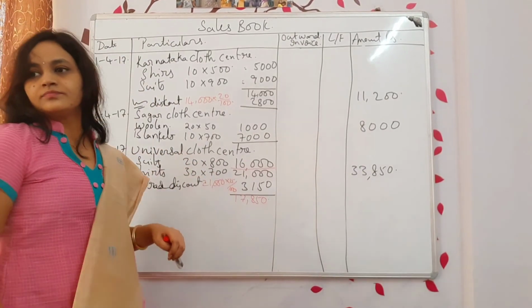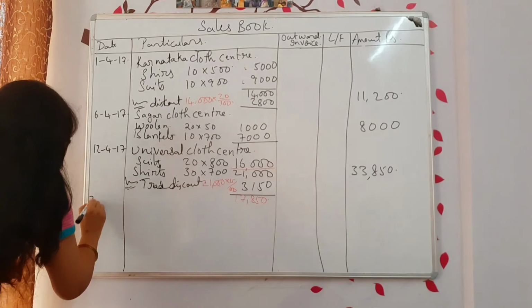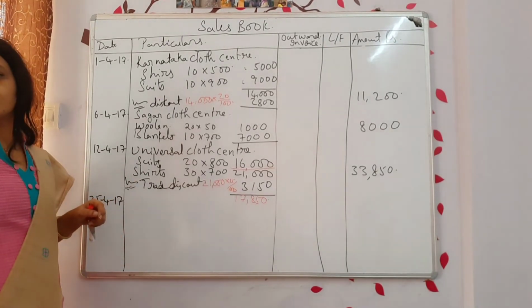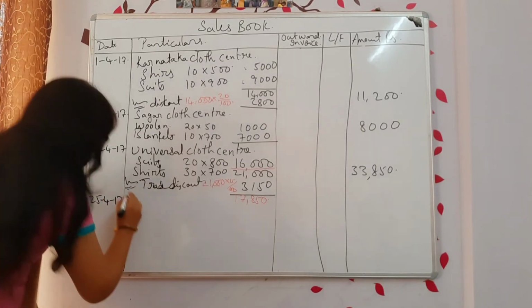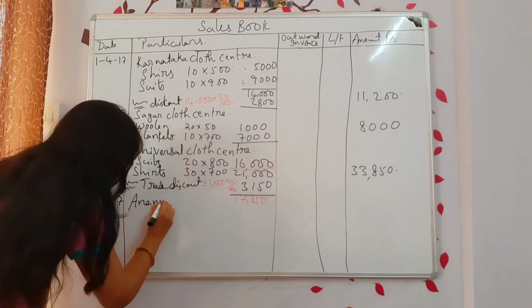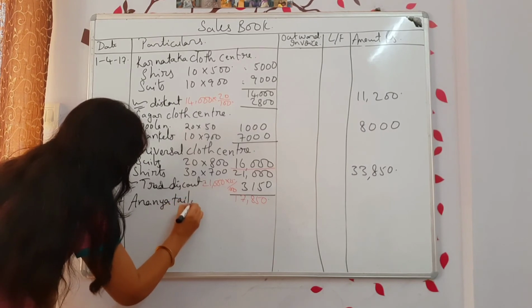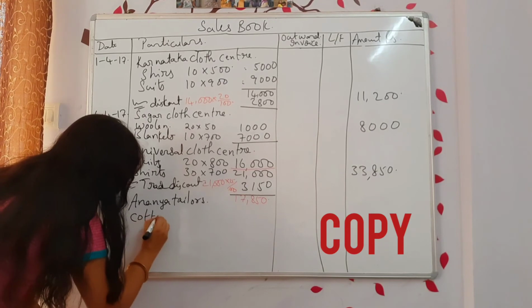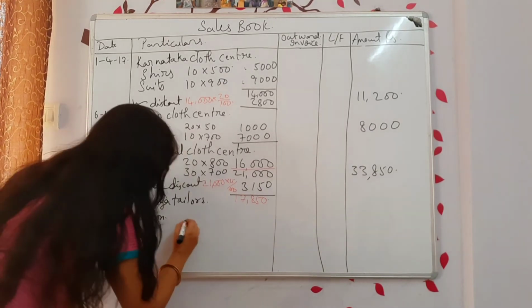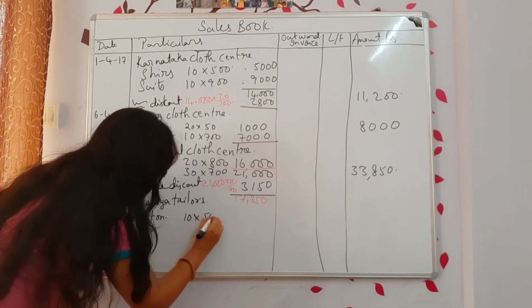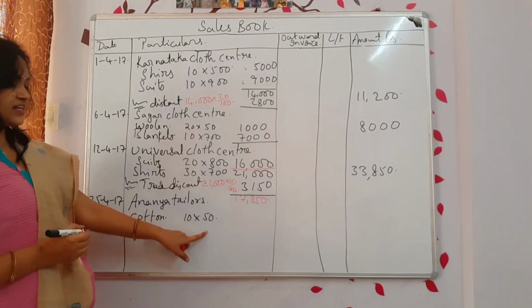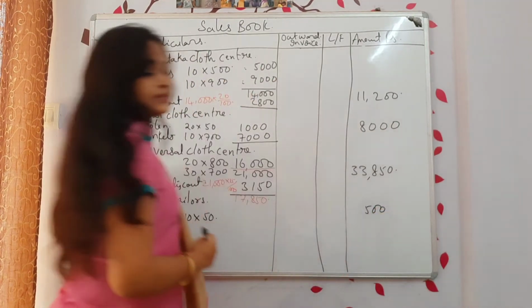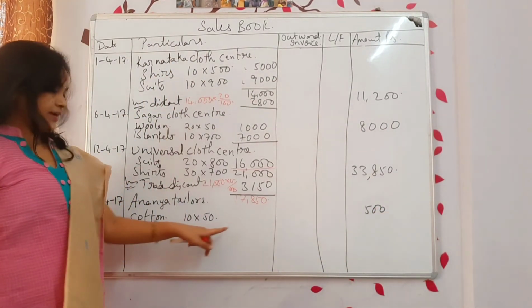What's the next date? 25/4/17. Sold 10 meters of cotton cloth to Ananya Tailors at 50 per meter on credit. 10 into 50 is 500.